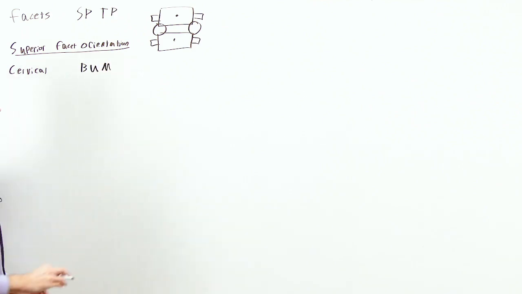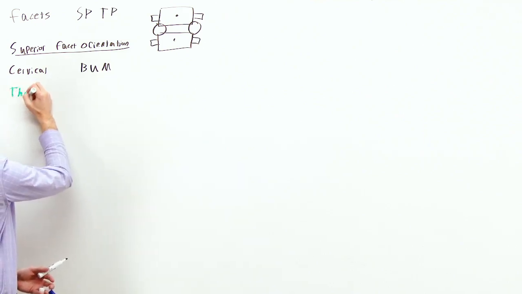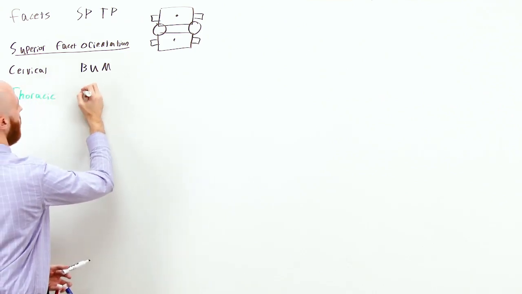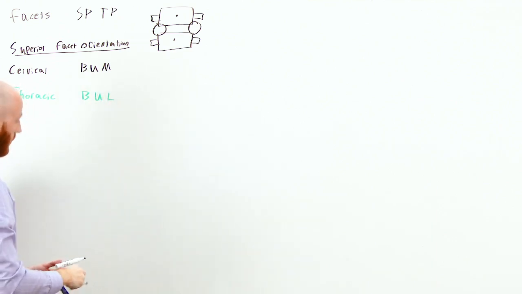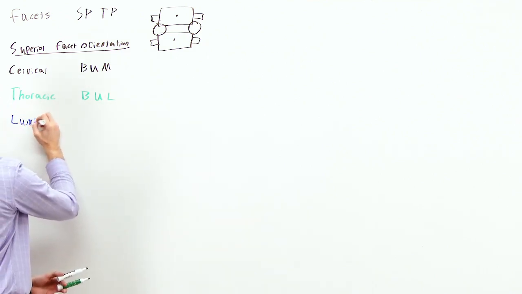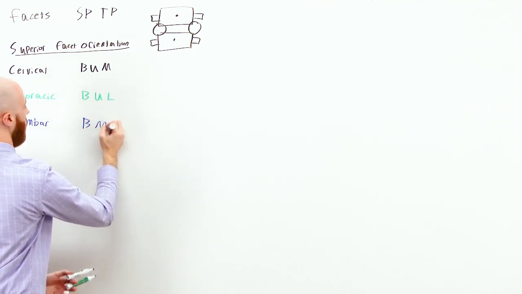This orientation tells you a little bit of how the motion at each joint will work. When you move down to the thoracic, the facets are oriented backwards, upwards, and lateral. And when you move down to the lumbar spine, the facets are oriented backward and medial.